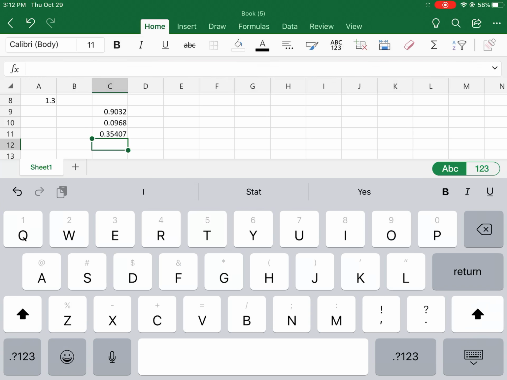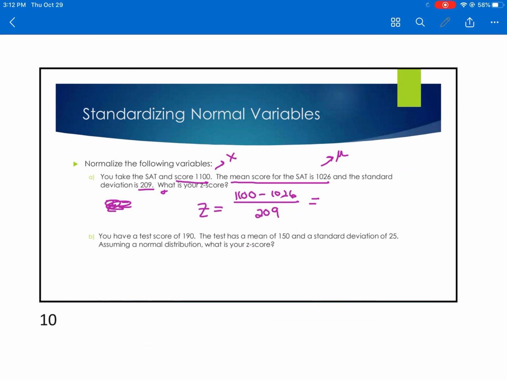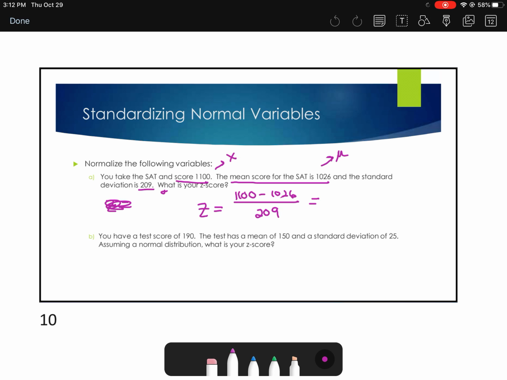Divided by 209. Okay, so I get 0.354. And we round our z-scores to 2 decimals, so my z value is equal to 0.35.